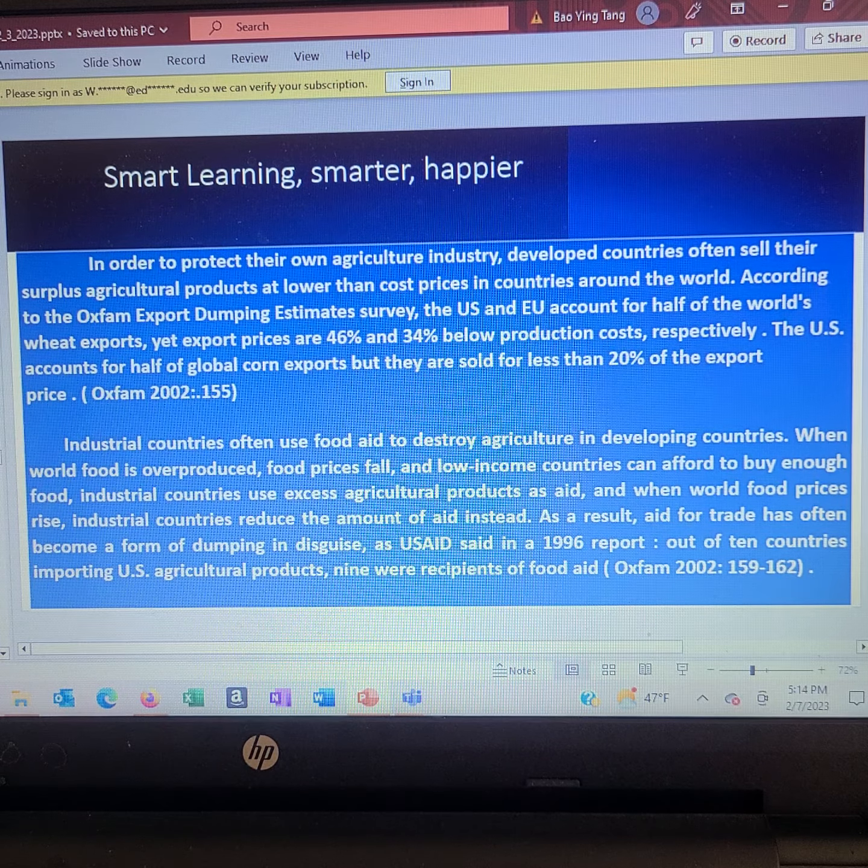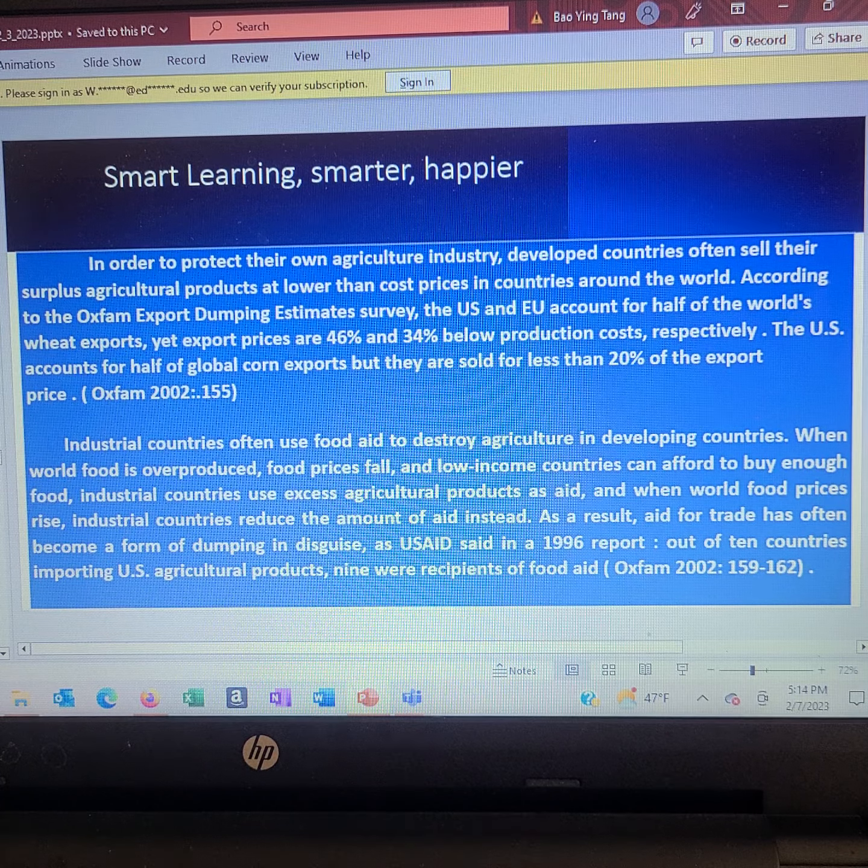Yet export prices are 46% and 34% below production costs, respectively. The US accounts for half of global corn exports, but they are sold for less than 20% of the export price. Industrial countries often use food aid to destroy agriculture in developing countries.